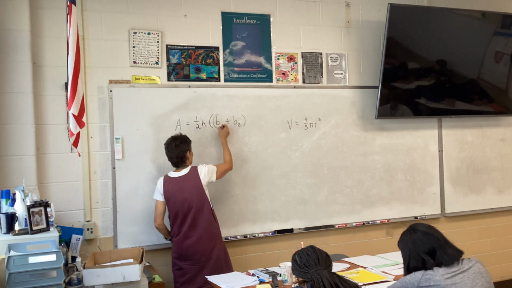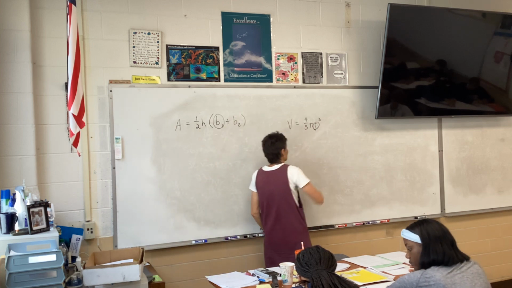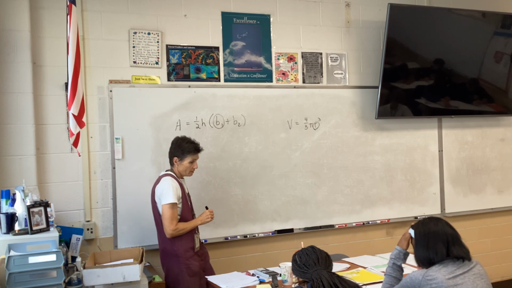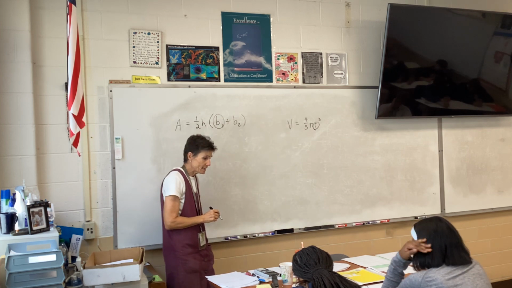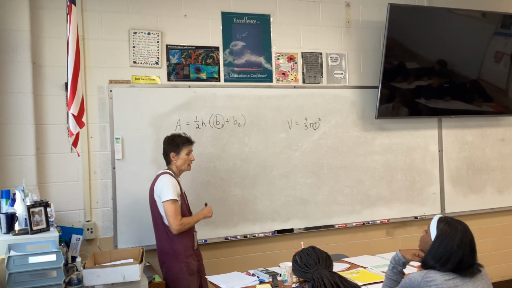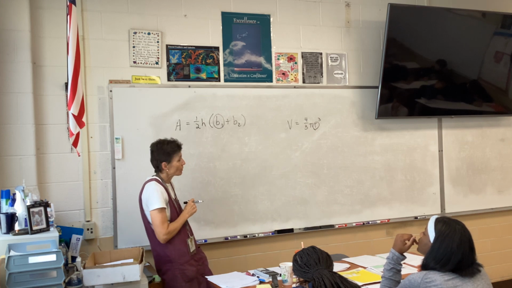Okay, so we're solving for this one. Jaden, did you have any idea about how to start this guy? How did you start it? There's more than one way. How did you start it? I just distributed.